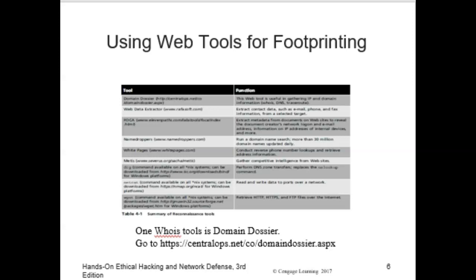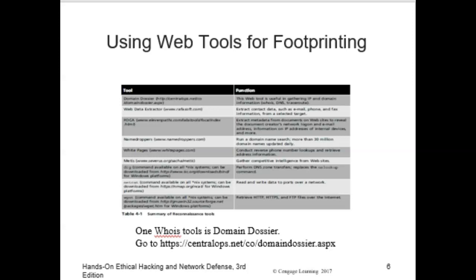Now, one of the things I recommend is try the domain dossier, right, which is a Whois tool. If you go to the link that I've listed at the bottom of this page, you can type in mit.edu, and you can see a lot of information about the college known as the Massachusetts Institute of Technology. And look at the results.